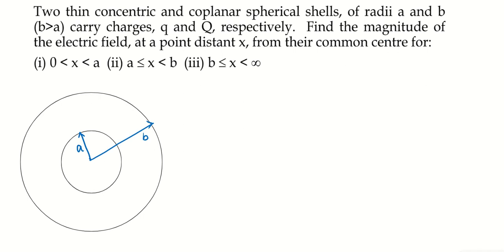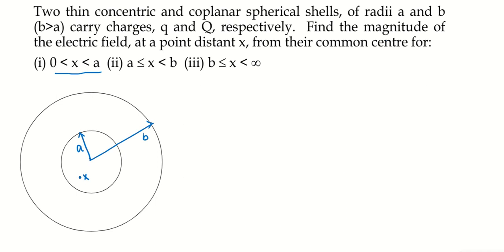Okay, so we have to find the electric field at a point which lies inside the smaller inner shell. That is, it lies between 0 and A, meaning point X lies inside the smaller shell.